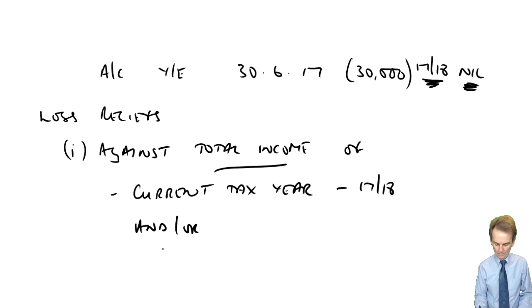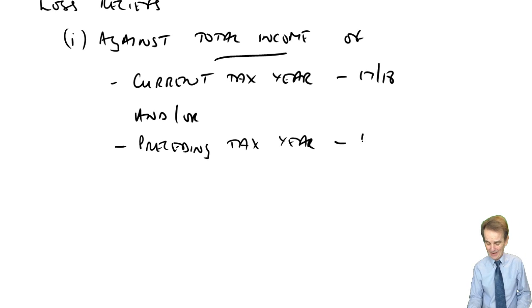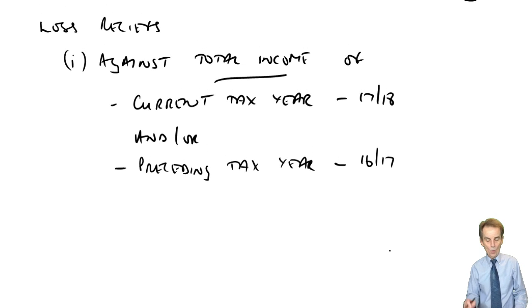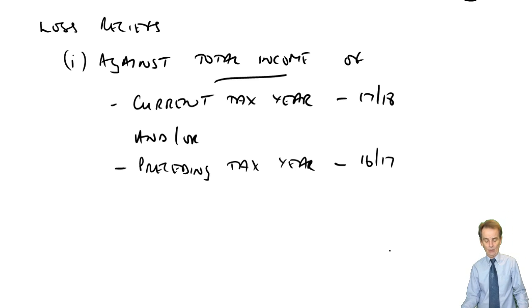And or the preceding tax year. So if the current tax year is 1718, then the preceding tax year must be 1617. So we get to choose whether or not to set the loss off against the total income of the current tax year, 1718, and or that of the preceding tax year, 1617.